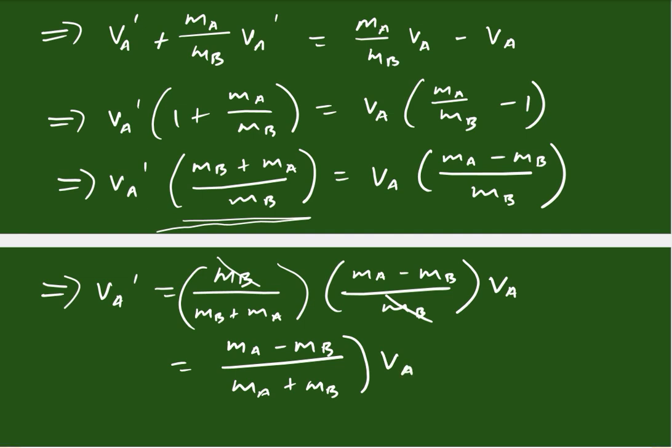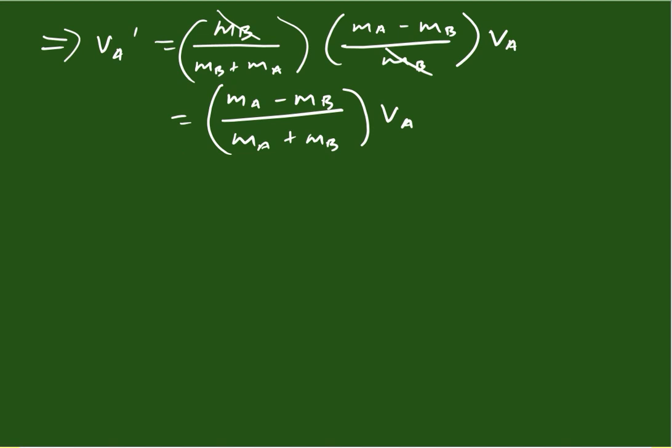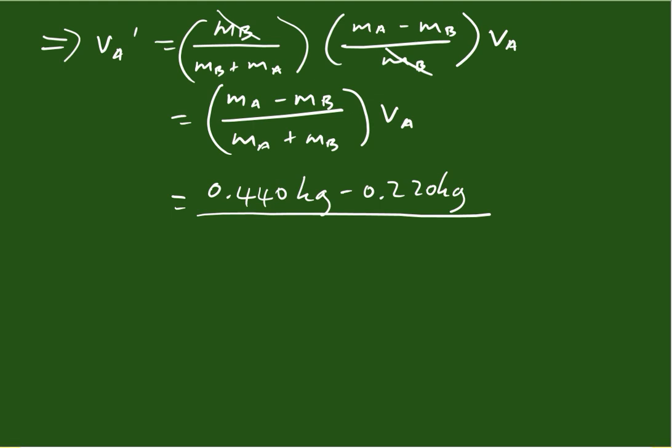Now we've got all these values and we can plug it in. So let's do that. So ma was 0.440 kilograms minus 0.220 kilograms. This is all over the same values, but now we just plus it. So let's do this a bit quickly here. So that's 0.220 kilograms.